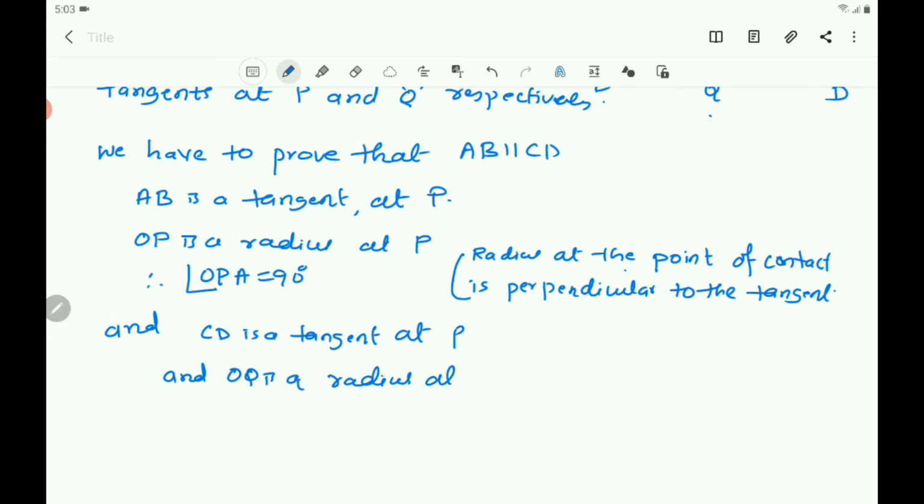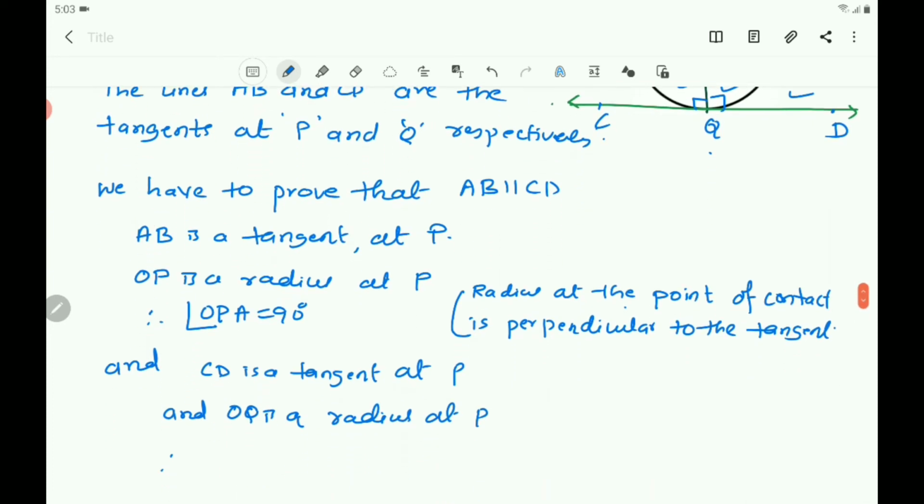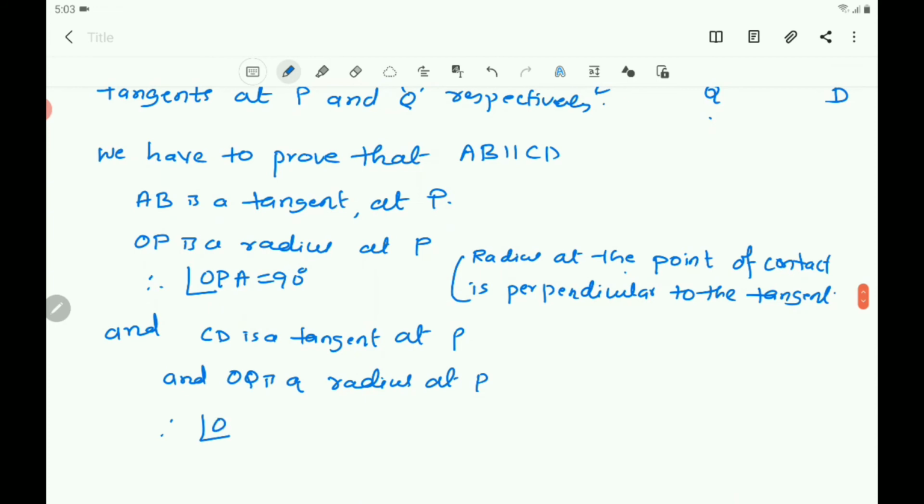Therefore, you can say that angle OQD is equal to 90 degrees.